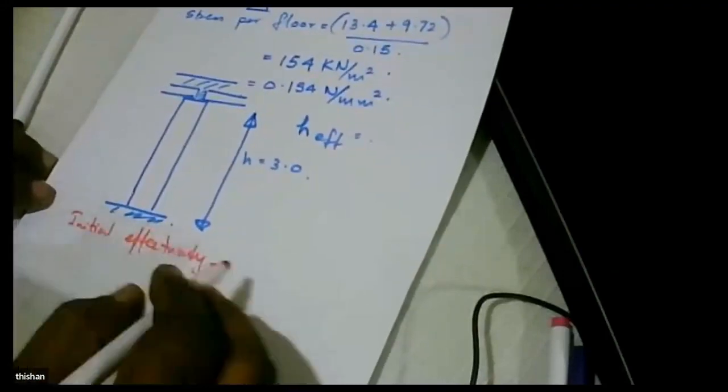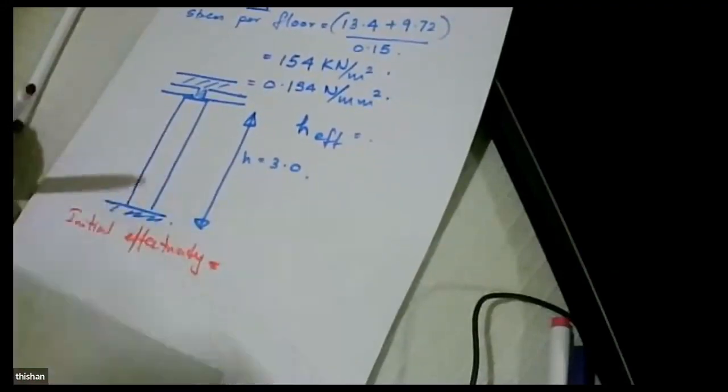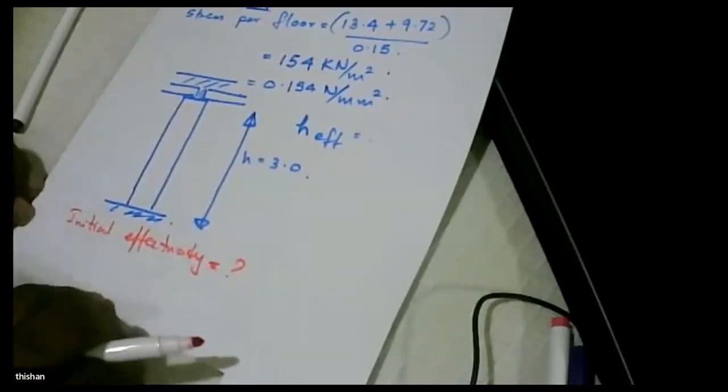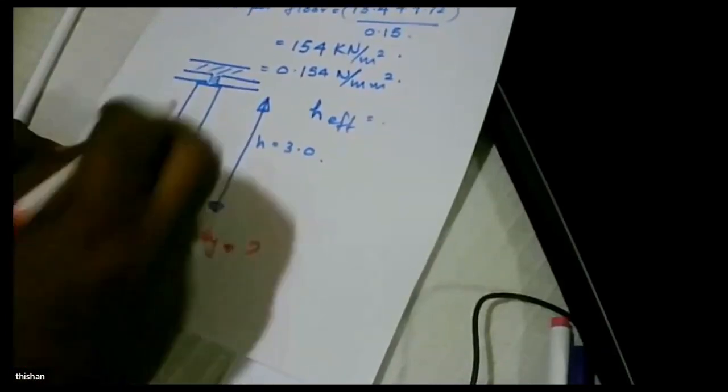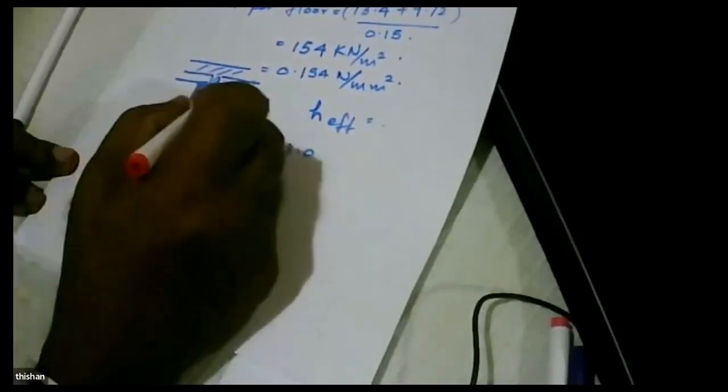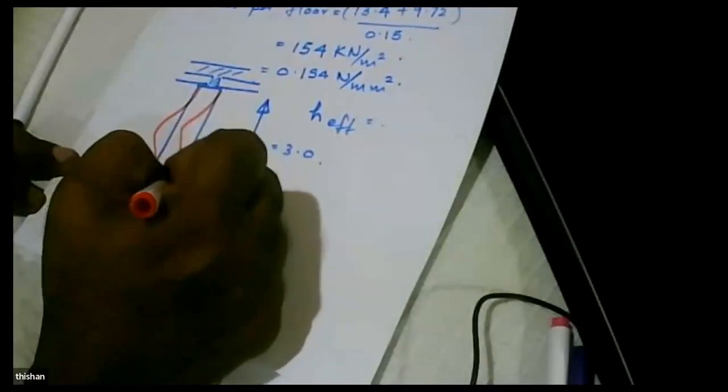There's a small value, and so we'll find that also. Then in addition to that, there's a tendency for the masonry wall to buckle. That also has to be taken into account.